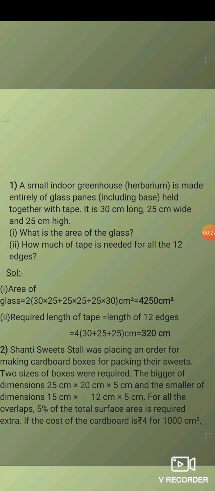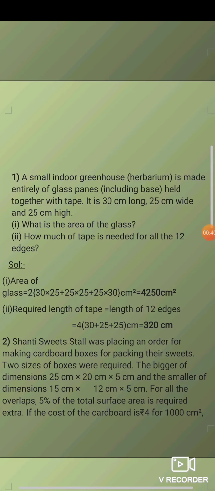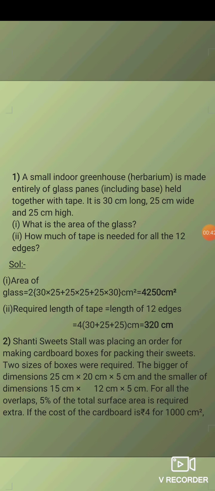Children, last class we have studied the surface areas of cuboid and cube. Now some questions related with it. A small indoor greenhouse, which is called herbarium, is made entirely of glass panes, including base, held together with tape.